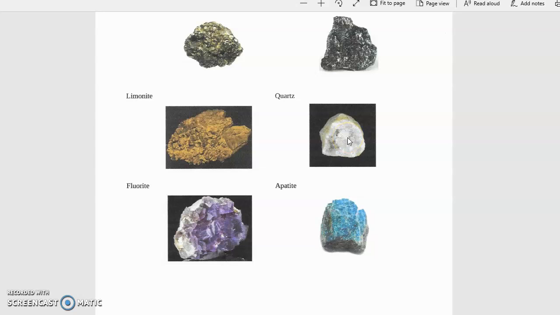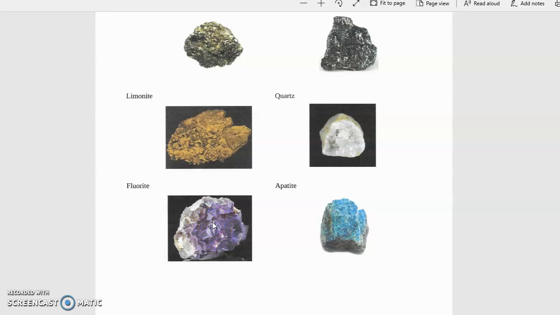Now we'll go on to the fluorite and the apatite. The fluorite is a violet or a pinkish color, and it is vitreous as well in terms of its luster. When you break it all down, the streak of fluorite is white.